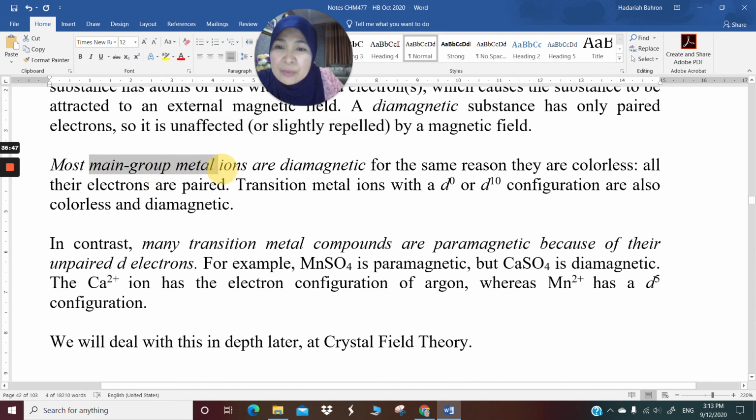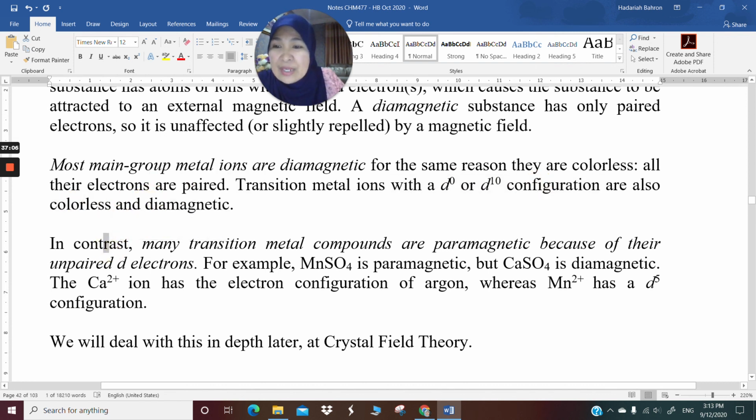Most main group metal ions are diamagnetic, for the same reason that they are colorless, because all electrons are paired up. Transition metal ions with d0 or d10 configurations are also colorless and diamagnetic.